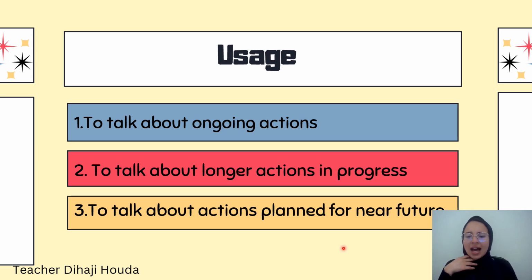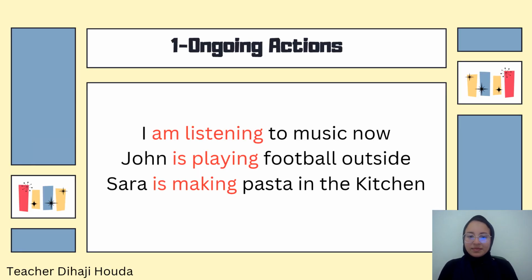You would ask how it is possible to use the present continuous with the near future. Let me tell you that in English, we use the present continuous to talk about the near future. We call it in French le futur proche. It's when we want to talk about something that will happen in just a few moments. We use the present continuous. We will see that in examples later on.